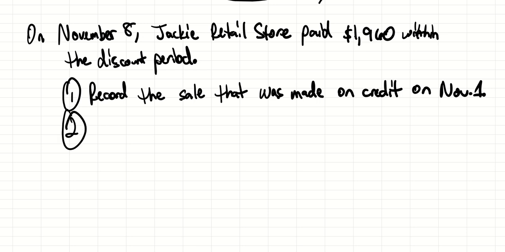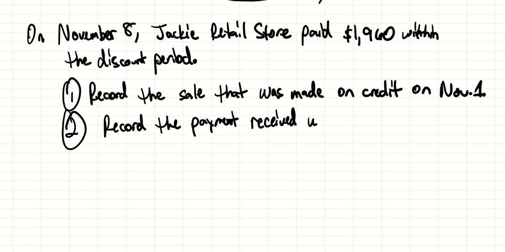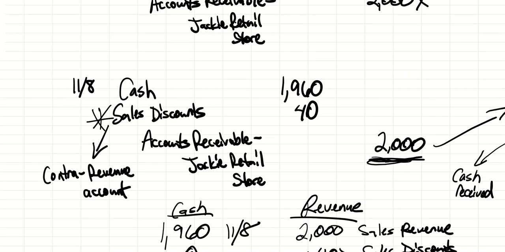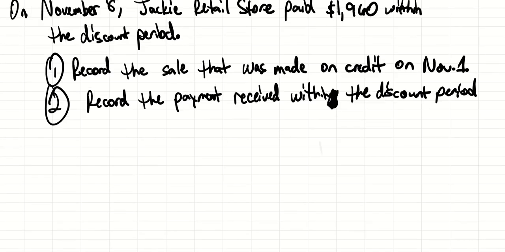And the second thing to do is to record the payment received within the discount period, which we already just did up here. Okay, but I'm going to clean it up and do it again.